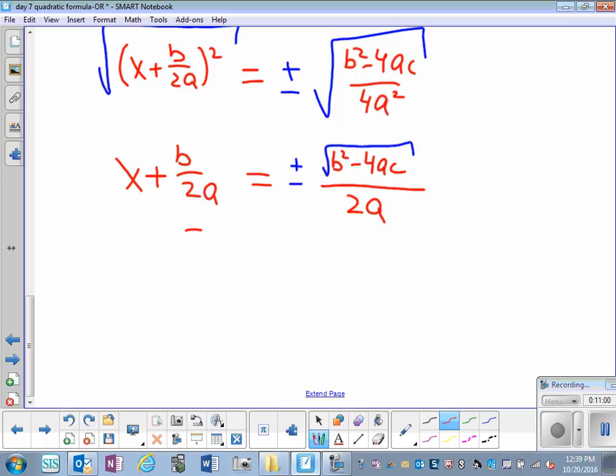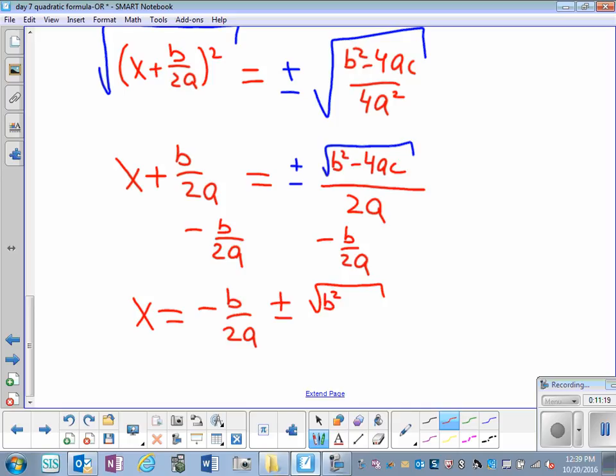I just subtract this constant b over 2a from both sides. Right? And now I rewrite x equals negative b over 2a plus minus square root of b squared minus 4ac divided by 2a.